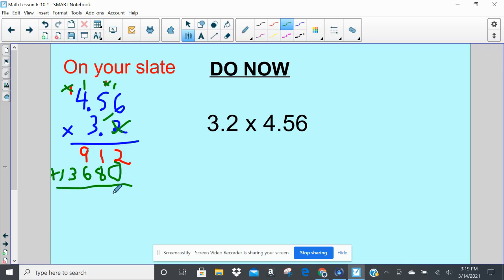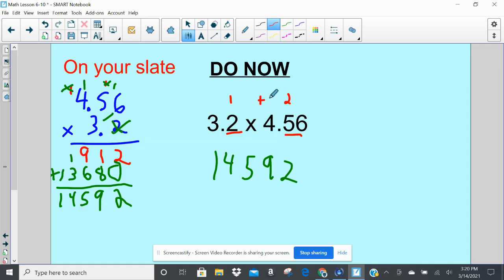And now let's add them. 2 plus 0 is 2, 1 plus 8 is 9, 9 plus 6 is 15, carry your 1, 1 plus 3 is 4, and 0 plus 1 is 1. So we get for our answer 14592, but I have a problem here because I have to figure out where that decimal goes. Well, how many digits after the decimal do I have here? Just one. How many digits after the decimal here?